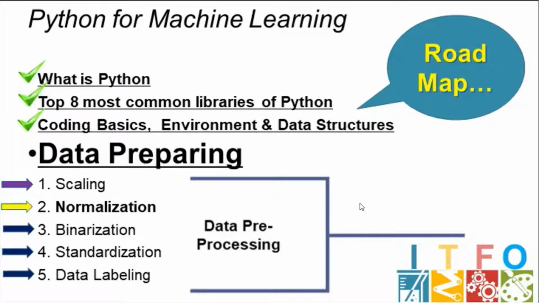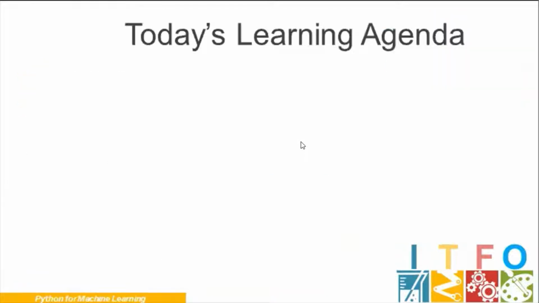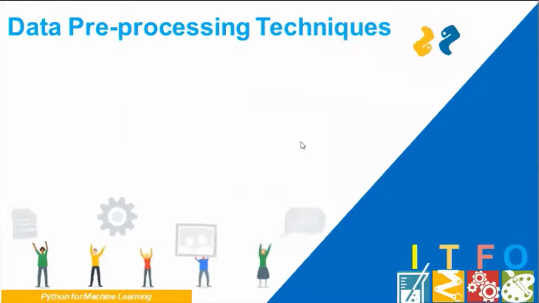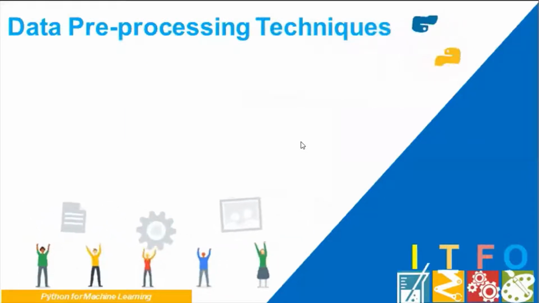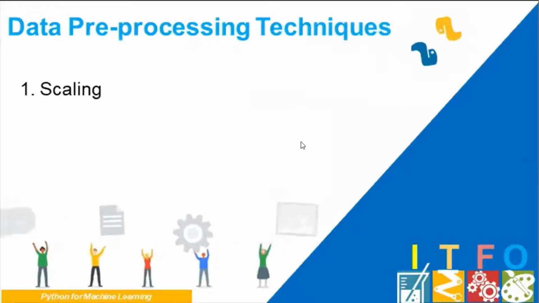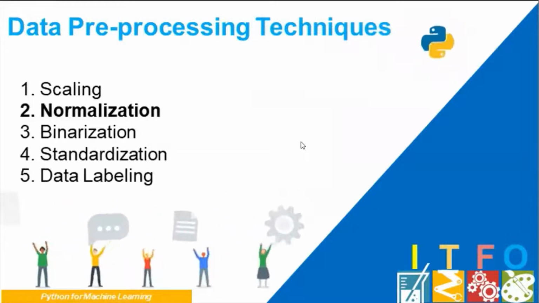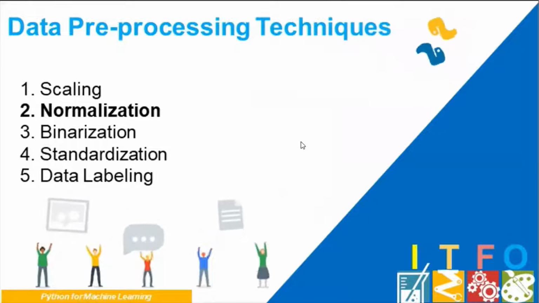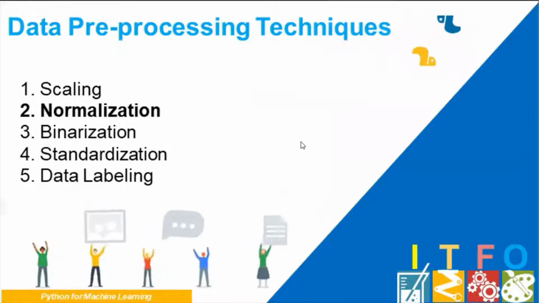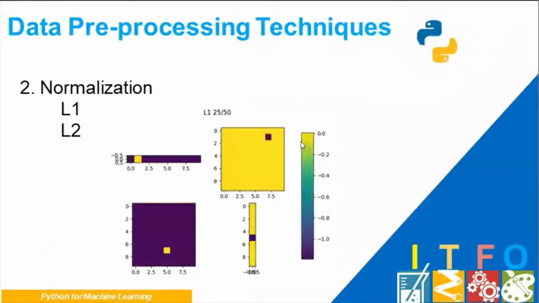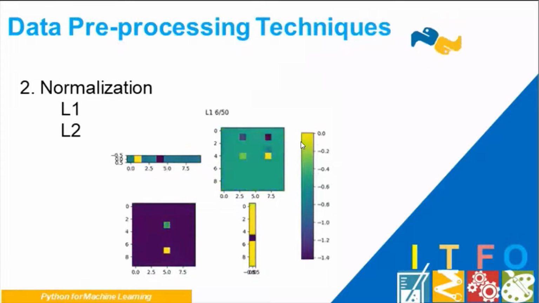Scaling we have already done, so today is all about normalization. Among the data preprocessing techniques, we have learned scaling, normalization, binarization, standardization, and data labeling. These are 5 techniques, and scaling is already done. Normalization is another useful technique used for data preprocessing.